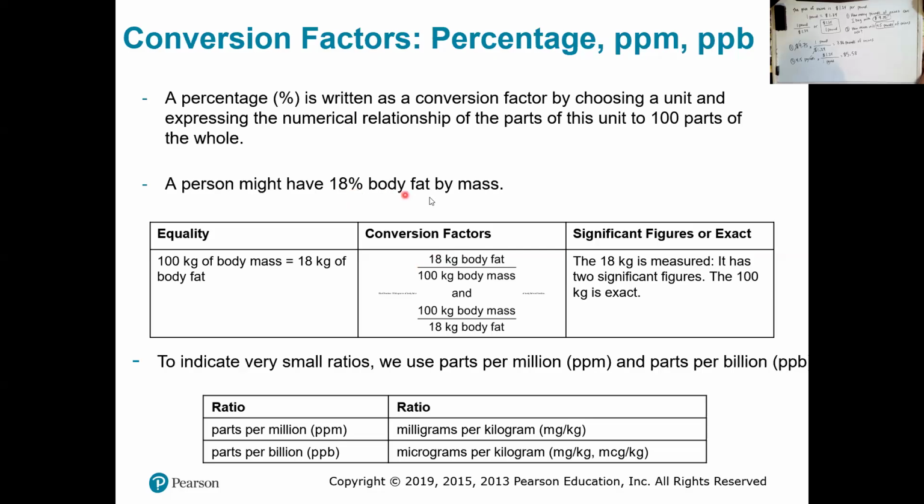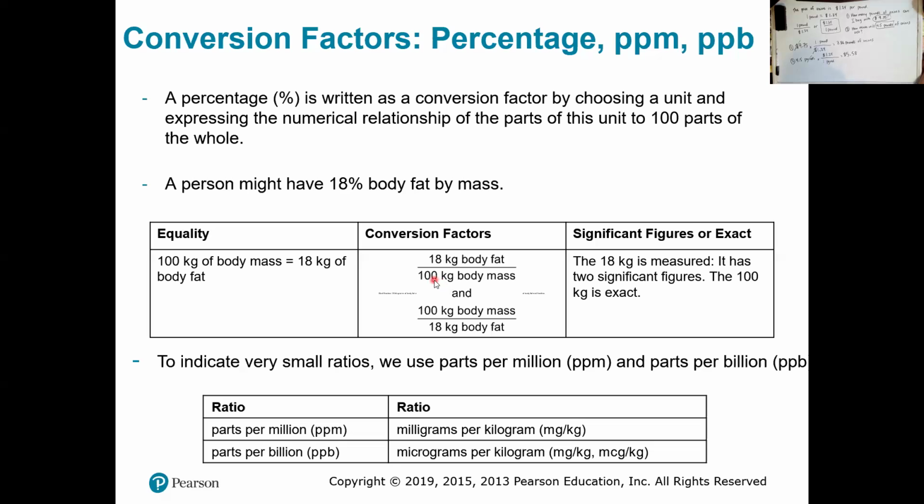If you have 18% body fat by mass, that means that you have, if you're working in kilograms, 18 kilograms of body fat for every 100 kilograms of overall body mass. Okay. That 18 divided by 100, that's a ratio, right? When you have one thing divided by another, that's just going to be a ratio. What turns it into a percentage is when we multiply it by 100.